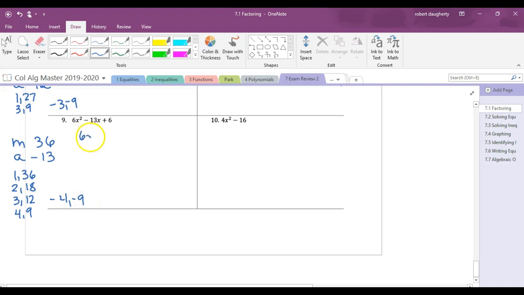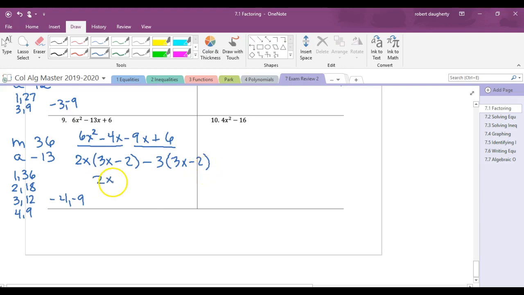So this is 6x squared minus 4x minus 9x plus 6. Now we factor by grouping. The first two terms have a 2x in common, so that leaves me 3x minus 2. Copy down that minus sign, then I can factor out a 3, and that leaves me 3x minus 2. This answer is 2x minus 3, 3x minus 2.